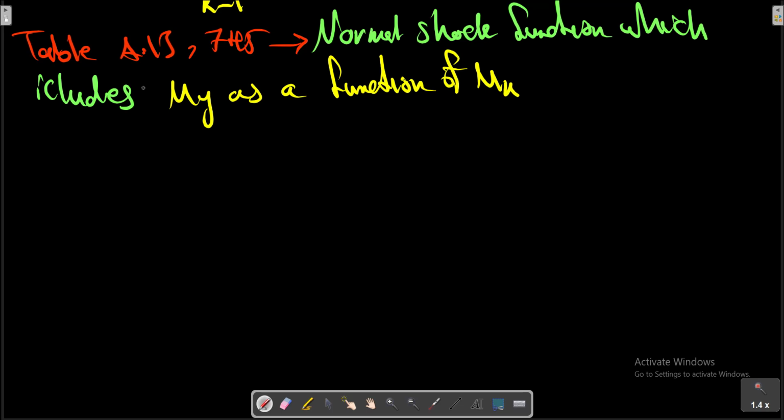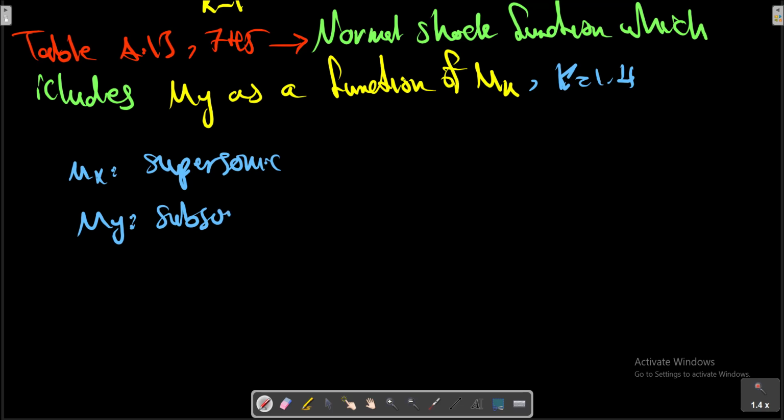This table applies to an ideal gas with a value of k equals 1.4. Note that Mx is always supersonic and the Mach number at y is always subsonic, which agrees with the previous statement that in a normal shock the velocity changes from supersonic to subsonic.